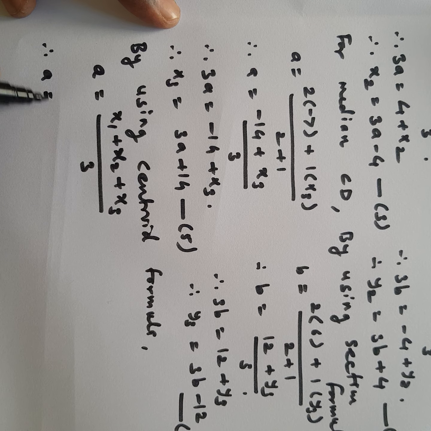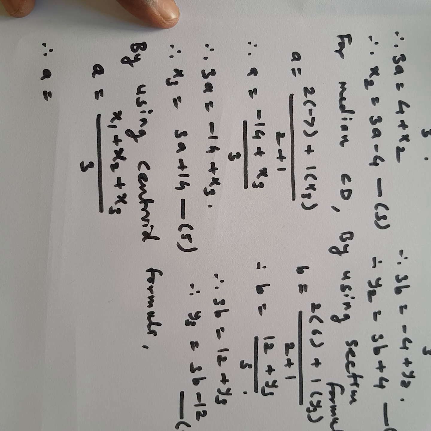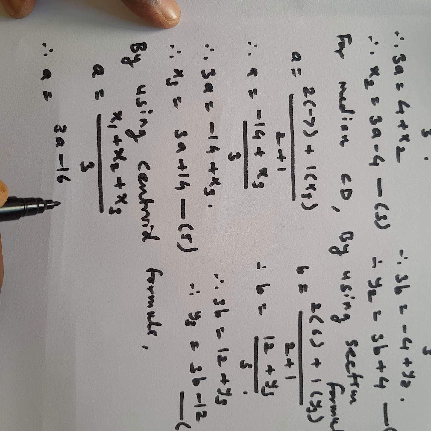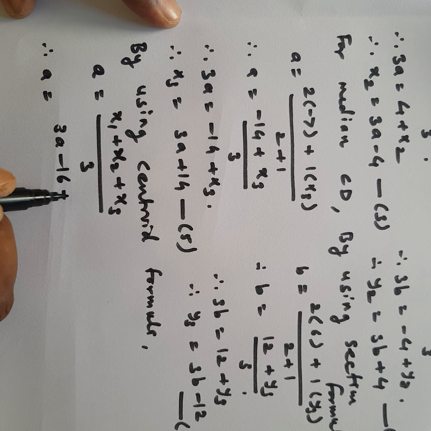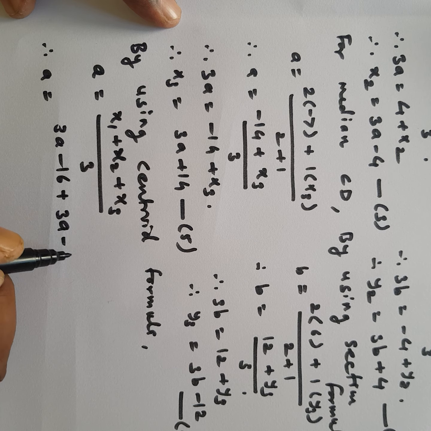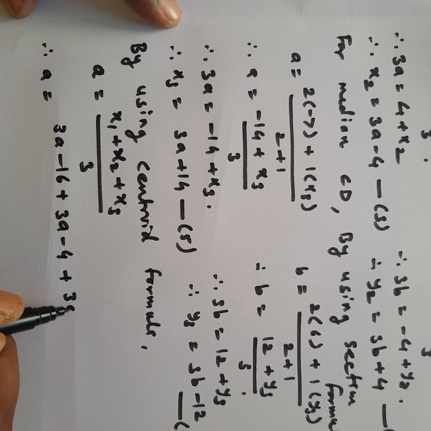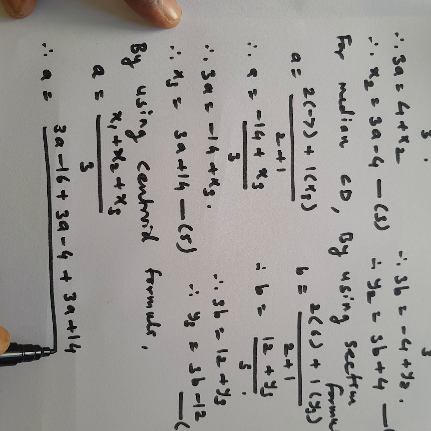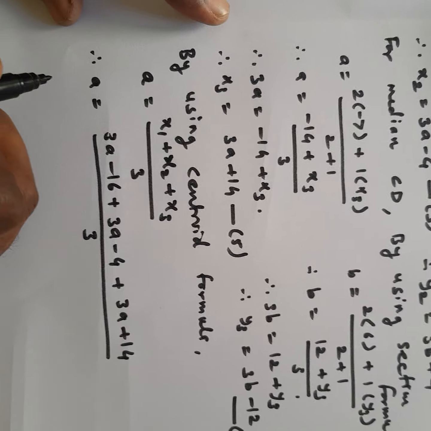Therefore a is equal to (3a - 16 + 3a - 4 + 3a + 14) upon 3.